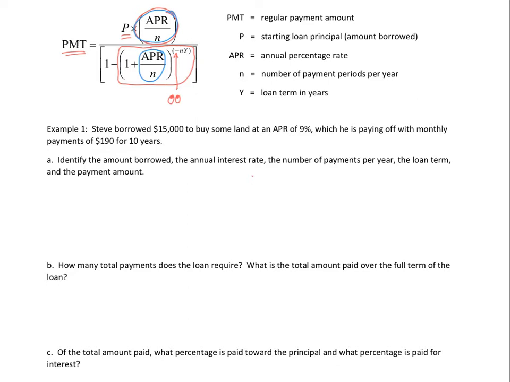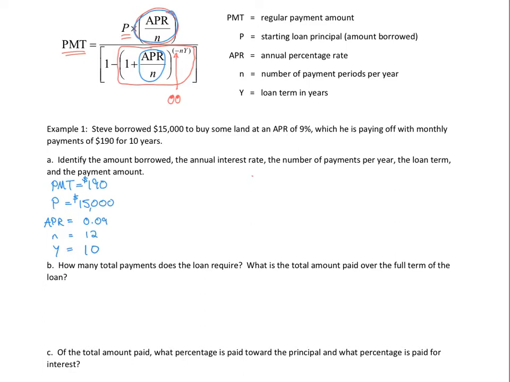So the first thing we're going to do is just apply the vocabulary words to this scenario. We're going to identify the amount borrowed, the annual interest rate, the number of payments per year, the loan term, and the payment amount. So I'm going to put that information on the screen just like that. And we've answered part A.